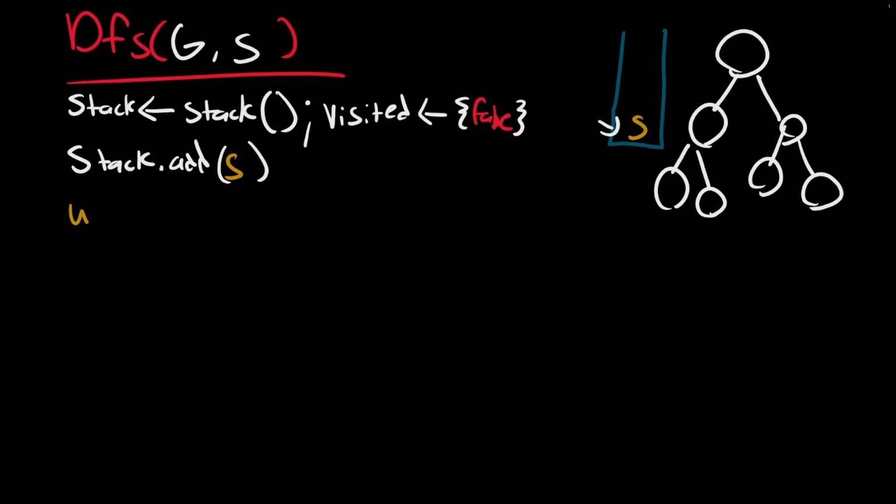So now let's try to repeat this. While the stack is not empty, what should we do next? Just like the BFS, we want to take the next thing off the stack.